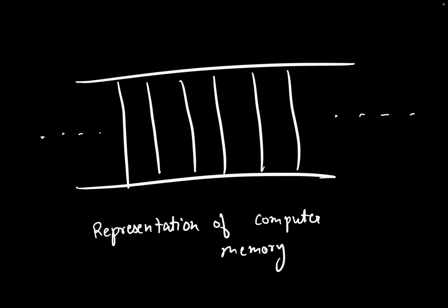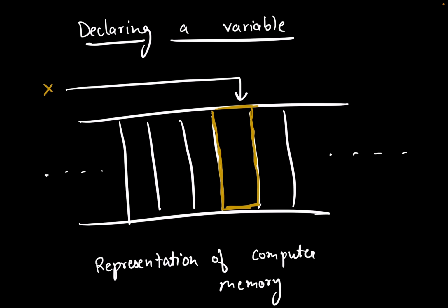And I want to use that data in my program. So the first thing I do is I let the computer know that I need some memory location where I can keep this data that I want to use in my program. The way that we do that is by giving the computer the name of the variable.